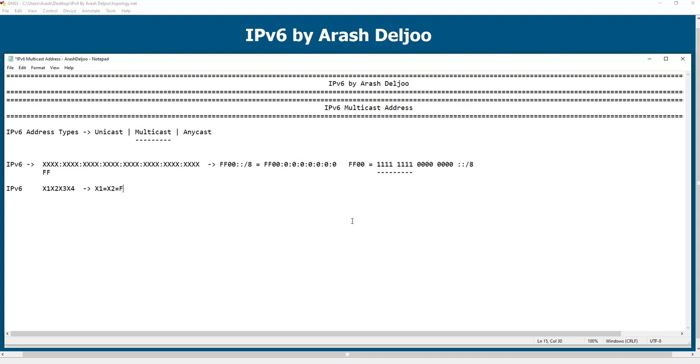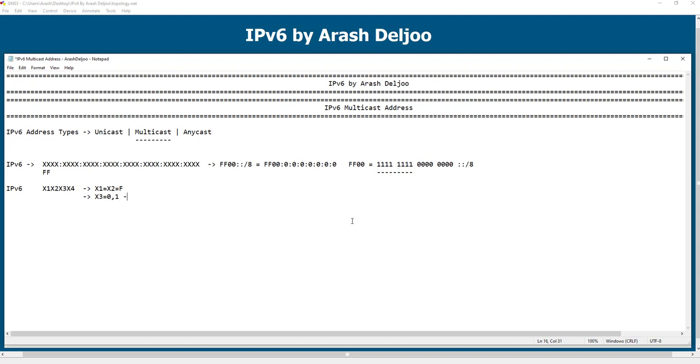Look at here. First, x3. x3 is used, for example, to show whether this IPv6 multicast address is a temporary multicast address or permanent. x3 can be set to 0 or 1.